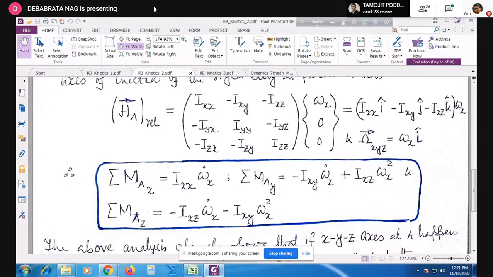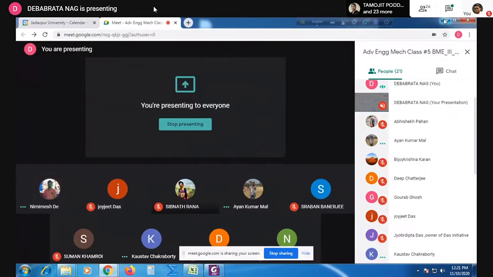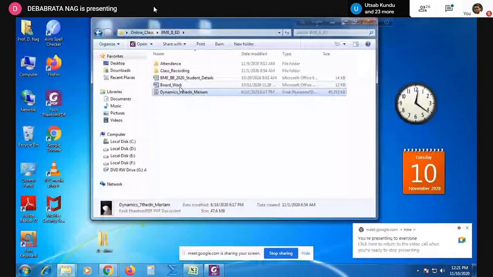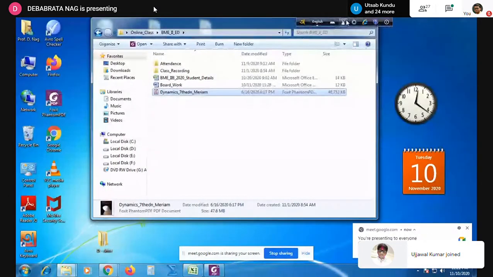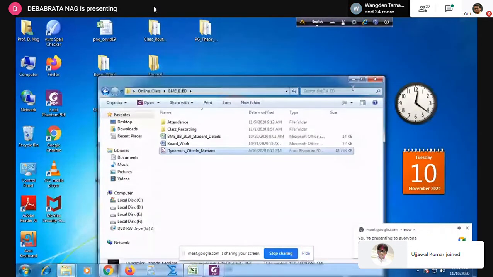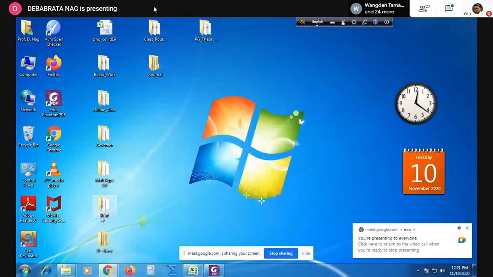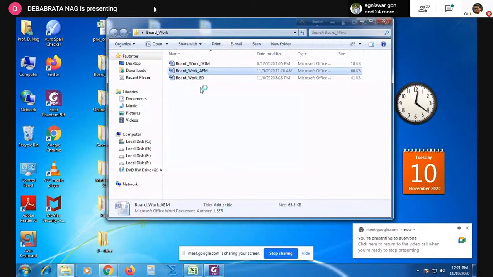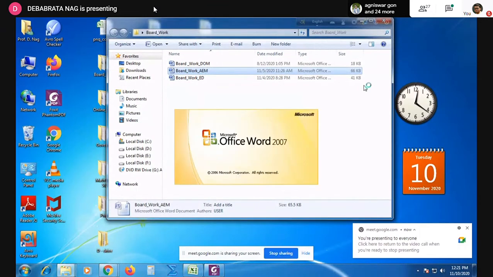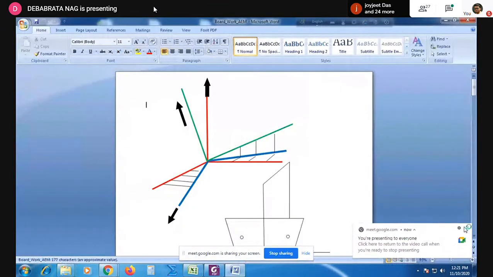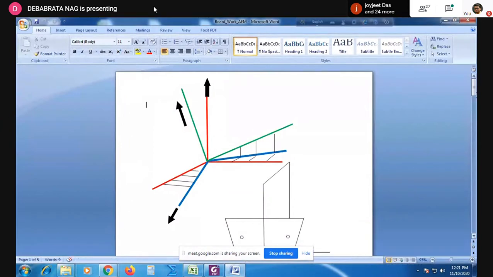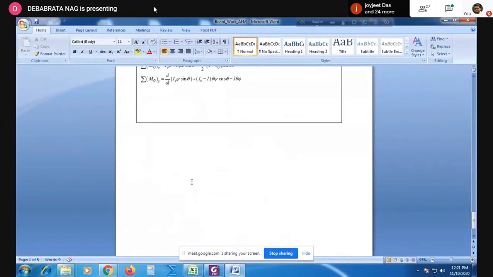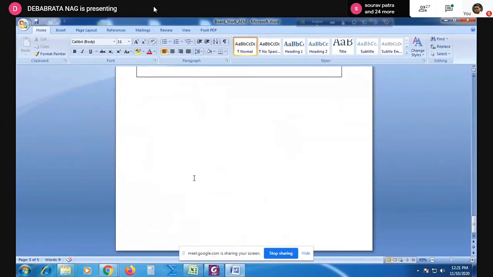So for that, let me give you a kind of board work. Please just wait for my board work file. Advanced Engineering Mechanics, this board work file I open. I show this board work file to you. So I will explain how you can write your equation.